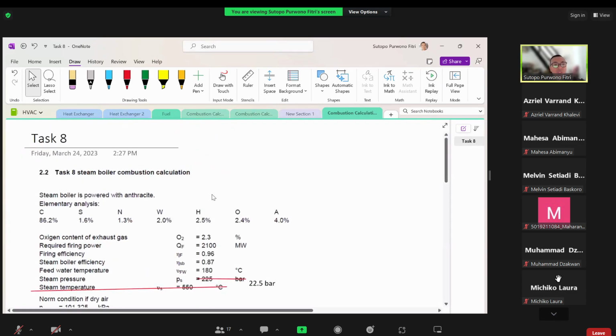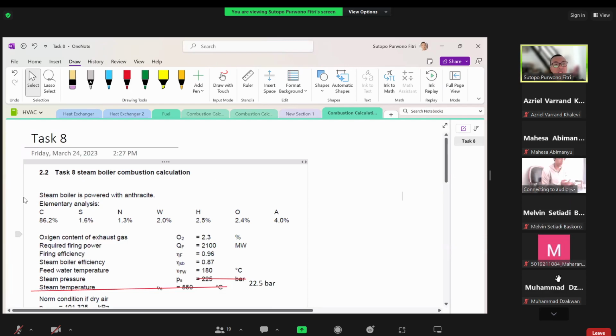Okay, so in this task, we have the problem with the steam boiler, with the fuel of anthracite. This is a type of coal, black coal. And based on the elementary analysis, you have a certain composition of the fuel.